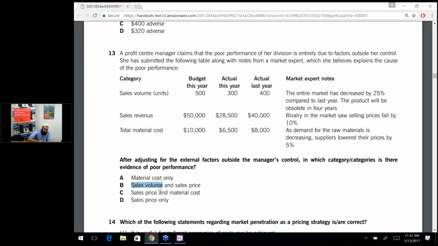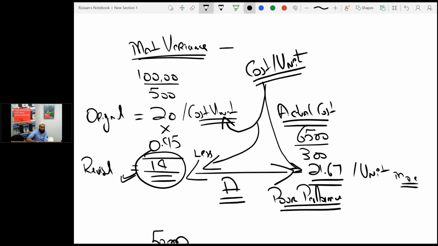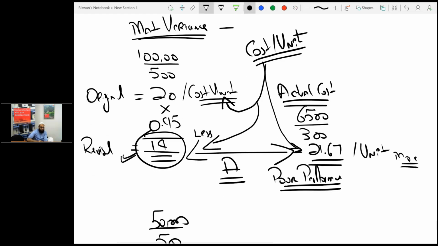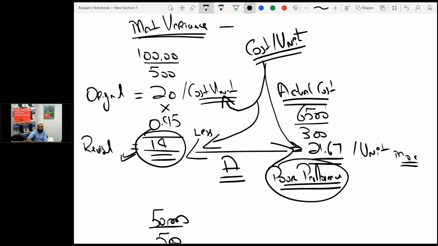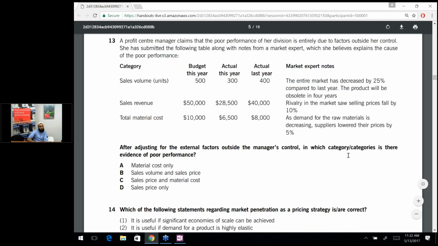So if the answer is not B, then I don't have to calculate sales volume, because I'm sure that material cost is the answer. So B is out of question, and you don't have to calculate sales volume because volume was the only option given in B.